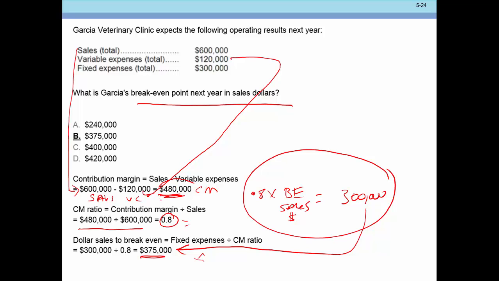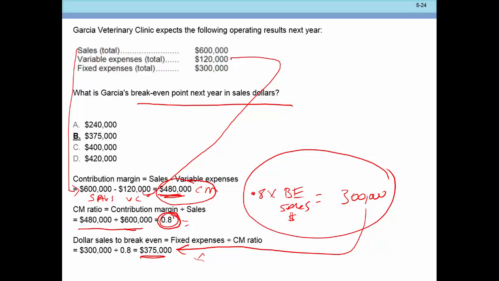So I know that my contribution margin is 480, right? Sales price minus variable cost. I divide that by my sales price. That gives me my contribution margin ratio, doesn't it? You say, well, why didn't you do it on a per unit basis? Because they didn't give me the units. That was their whole point. They wanted to force me into the contribution margin ratio by not telling me the units here, right?